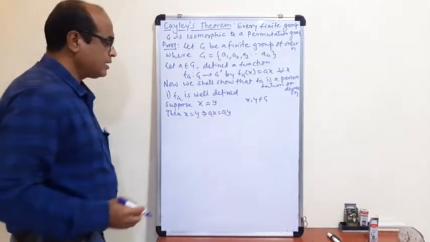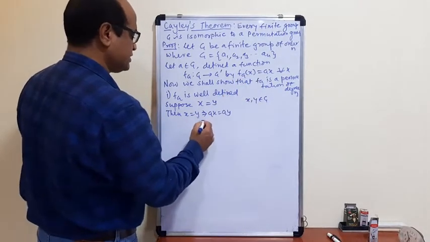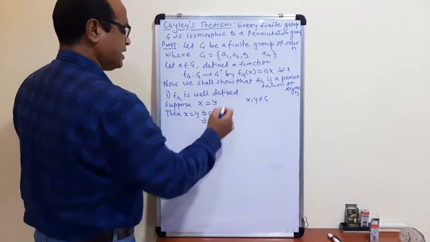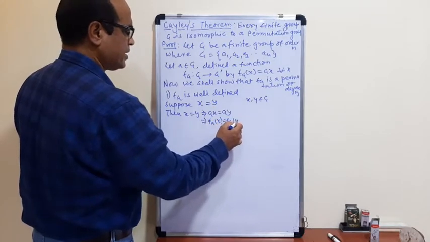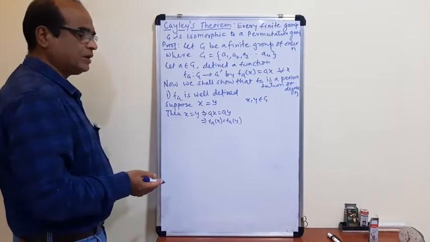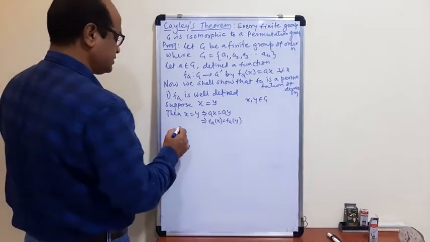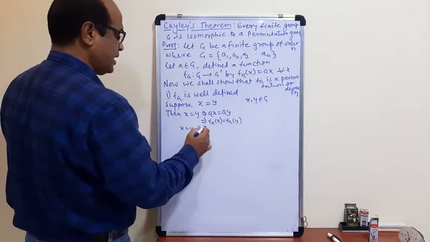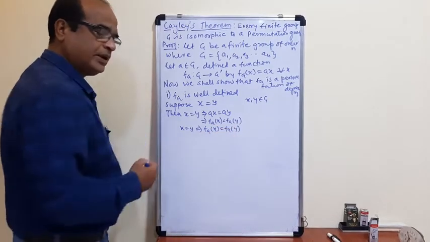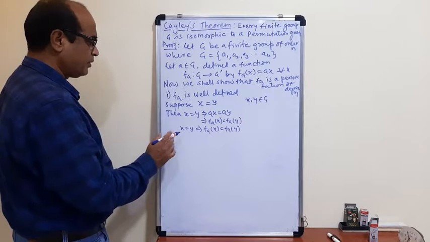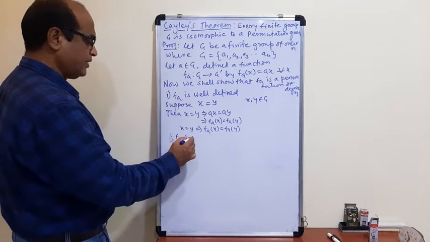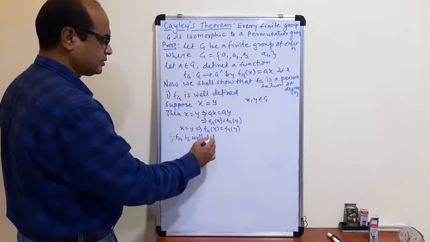What is ax? ax is f_a(x). What is ay? ay is f_a(y). So if x is equal to y, this implies that f_a(x) is equal to f_a(y). Therefore, f_a is well defined by definition.